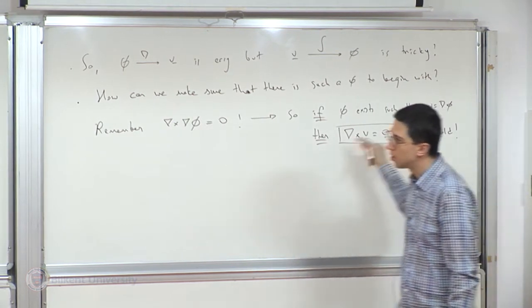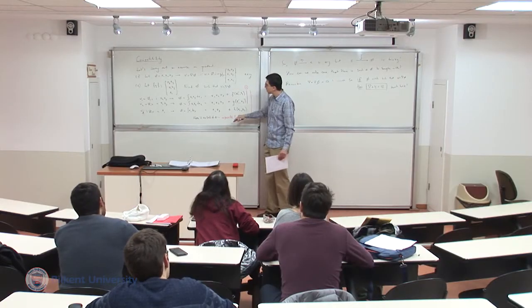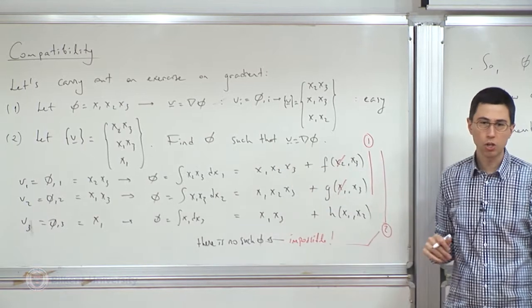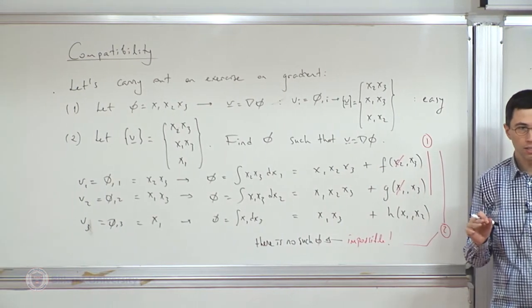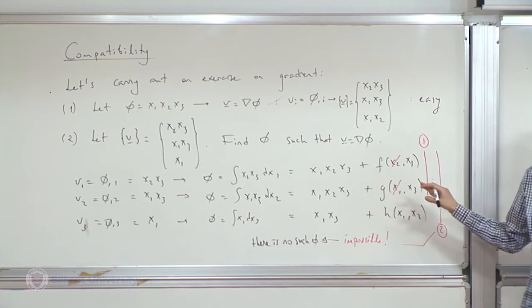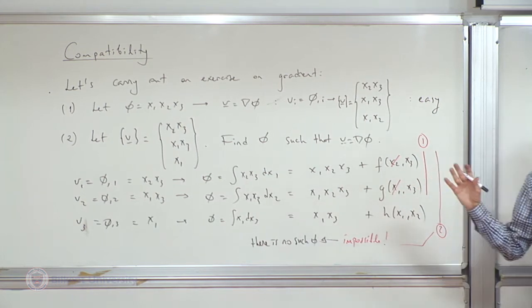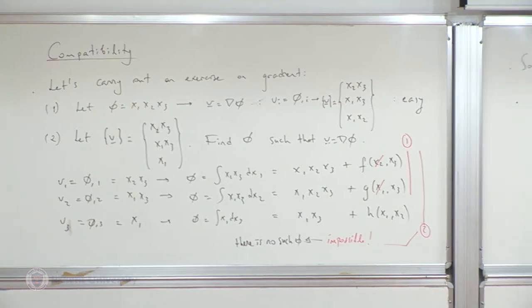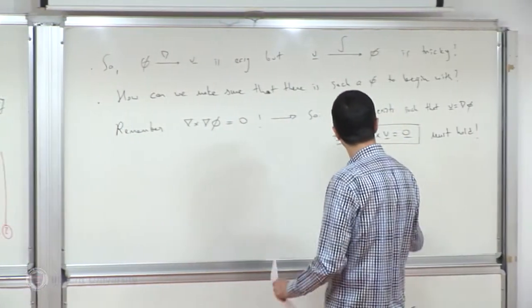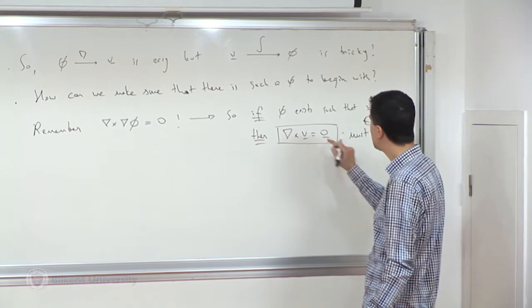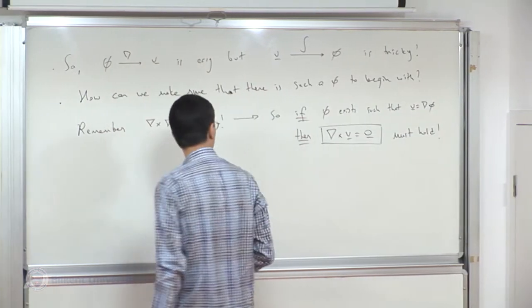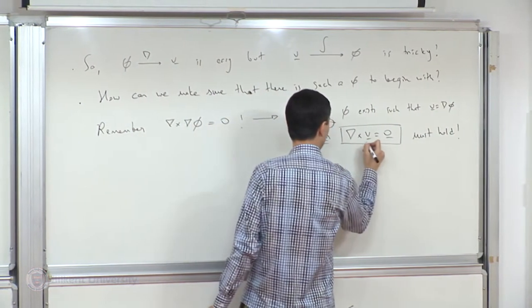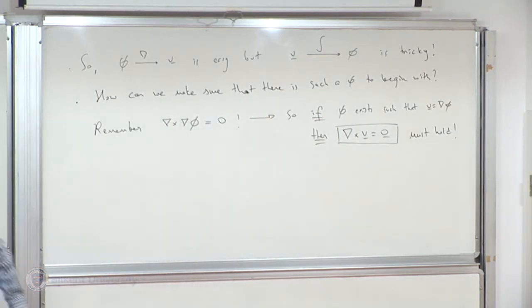So in other words, before I went into this trouble, I could have simply taken the curl of v, and if it is not equal to 0, I would not have gone into the trouble because I know that there is no such phi. And if it is equal to 0, then I would carry on with the integration and go through all the effort.